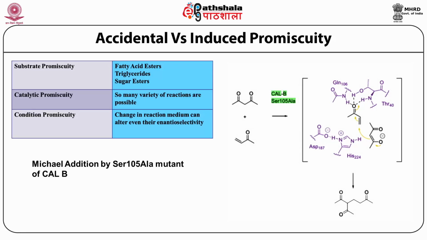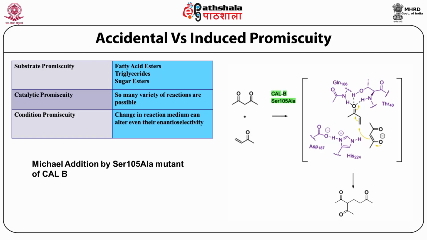Enzymes in their wild form, that is without any mutation done by using rDNA techniques, show all three kinds of promiscuity. The three kinds of promiscuity shown by many lipases are further illustrated now.